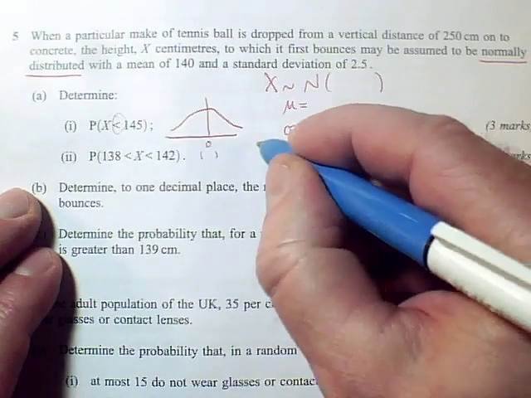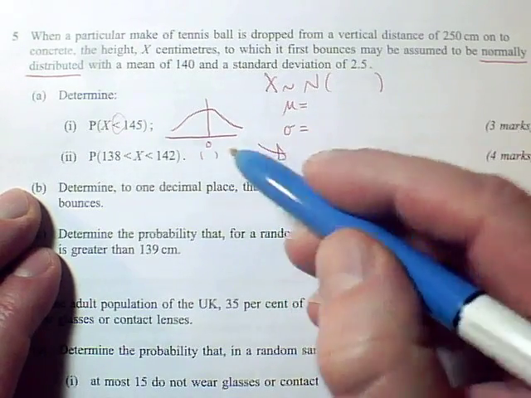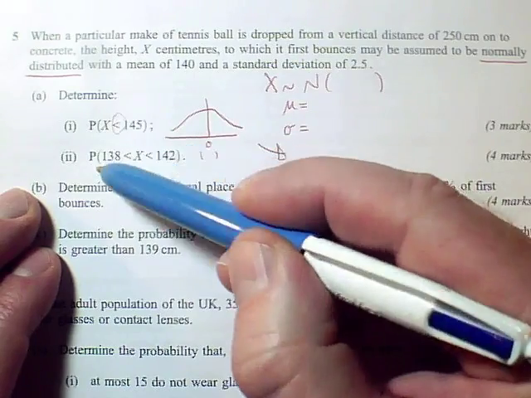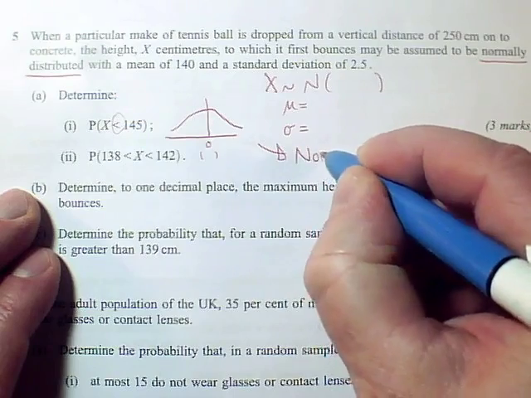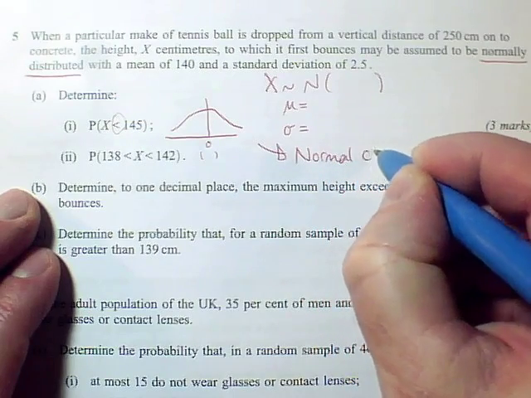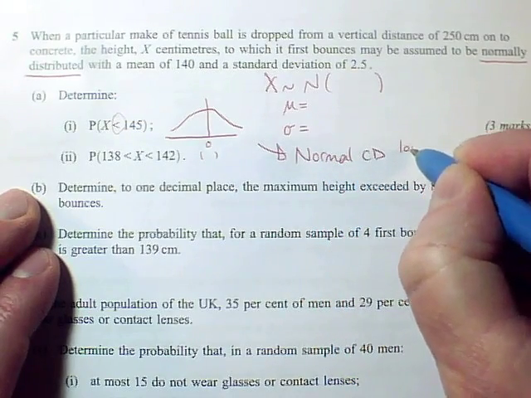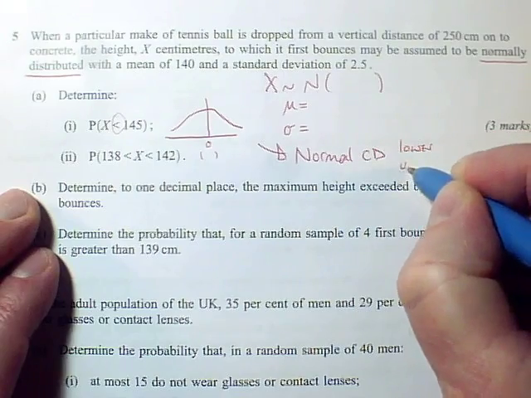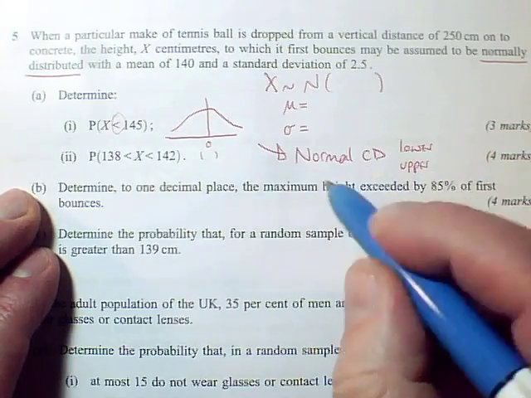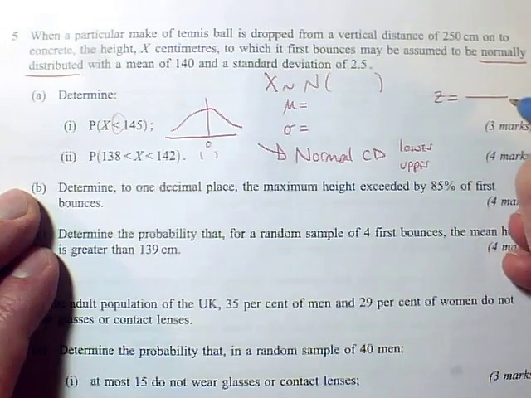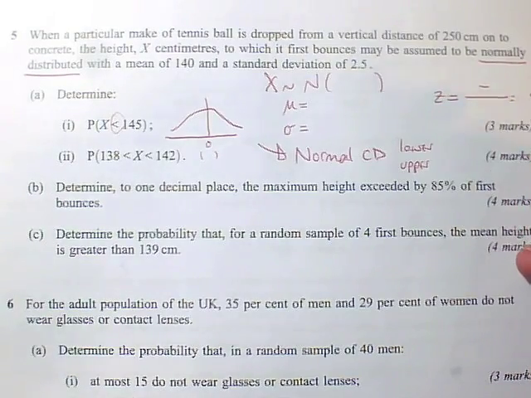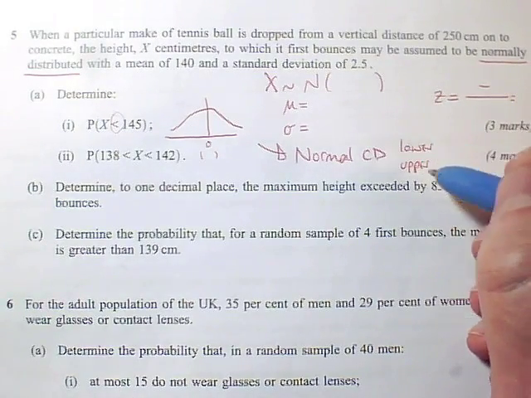But you're going to go into your calculator, so you're going to go, well, is this forwards or backwards? Well, we're finding probabilities, so it's forwards. So therefore, we're going to be using normal CD on your calculator, and for that we need a lower and we need an upper. Okay, and we obviously need a Z value. So Z is going to be, from the Z formula, something minus something divided by something. So you're going to get a number for Z, and that's going to be either your lower or your upper.